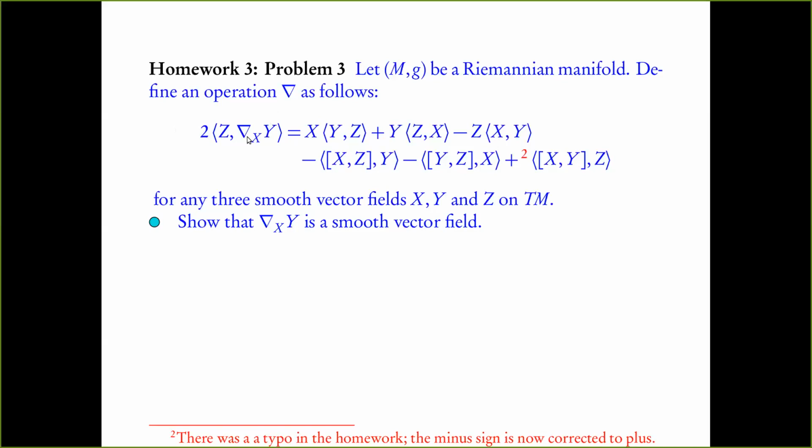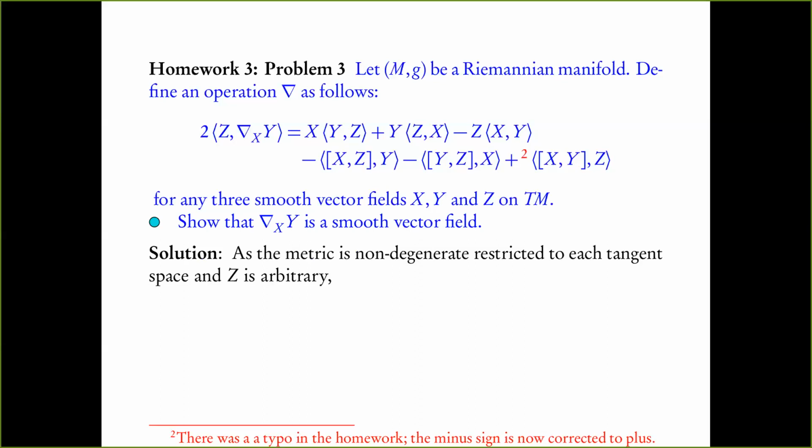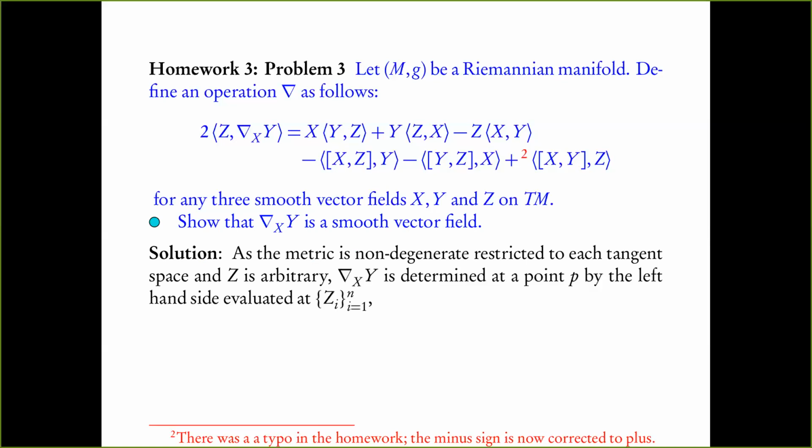The first question says show that this is a smooth vector field. What I gave you is a heuristic. You can make that precise by simply working out the formalities. As I said, since the metric is non-degenerate when restricted to each tangent space, and you're free to choose Z, it's determined at a point by evaluating this with respect to a basis.